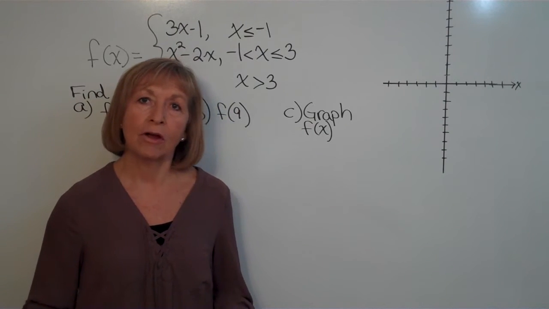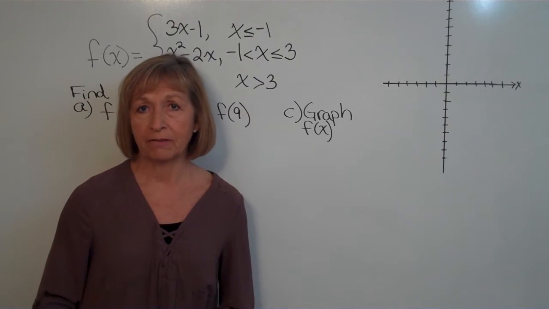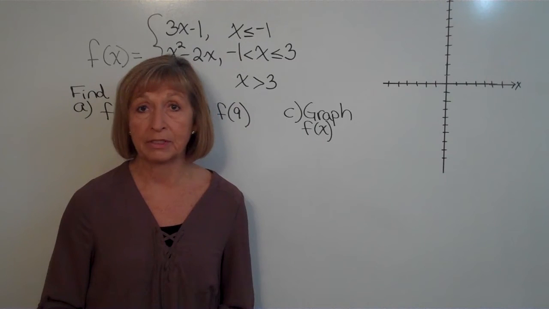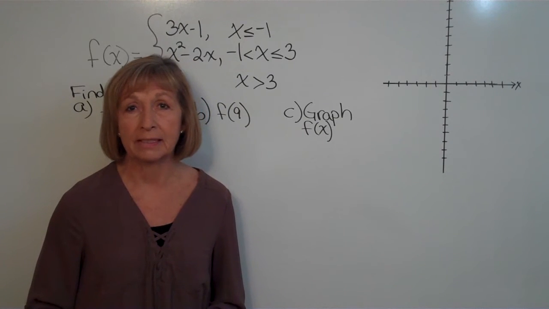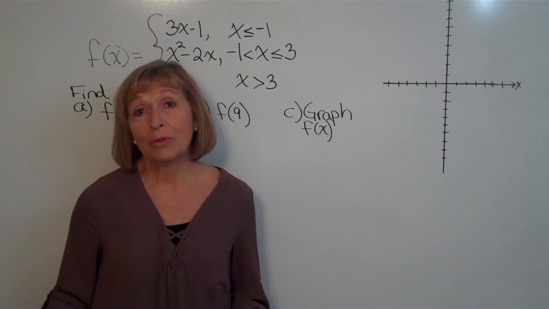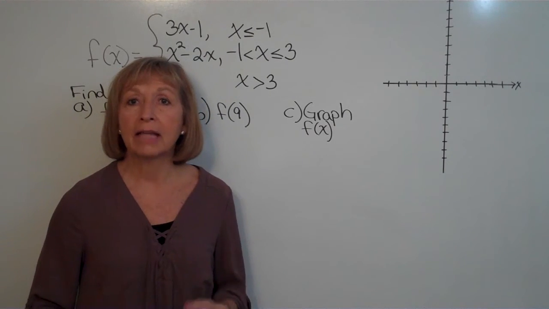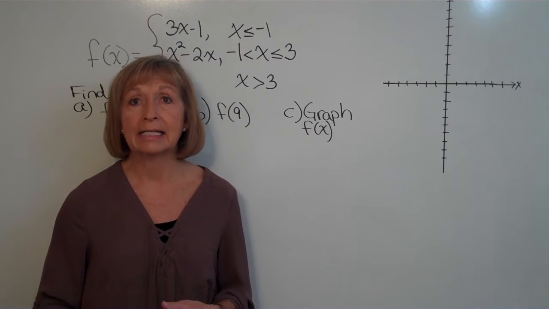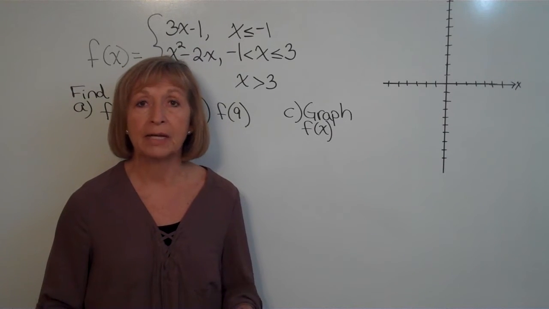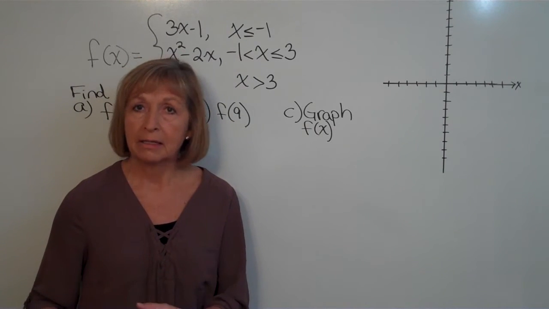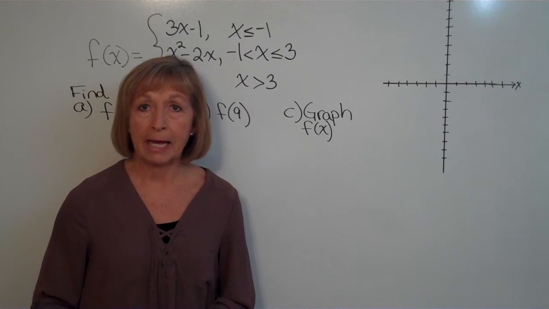And then we can also graph a piecewise defined function to get an overall view of what's going on in these individual pieces. One example could be like with the Postal Service. If you have a letter that you're mailing and it's less than and up to an ounce, it's a specific stamp value that you have for that.